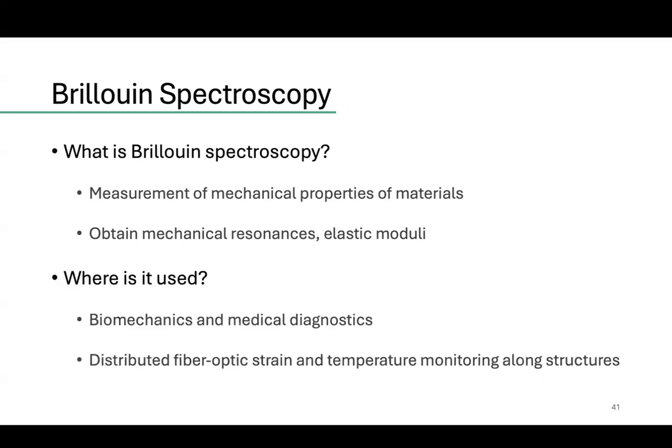This is employed out in the field in the spaces of biomechanics, drug discovery, medical diagnostics, and on a larger scale, distributed fiber optic strain and temperature sensing. So we have a process that is sensitive to stresses and resulting strains on physical structures. Bridges and fences and things can be monitored over large scales with distributed fiber optic Brillouin spectroscopy.